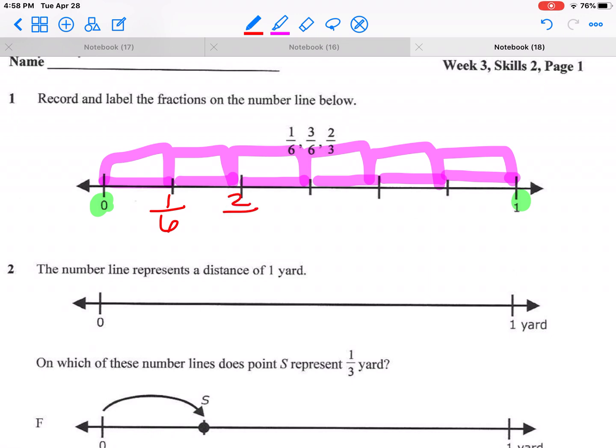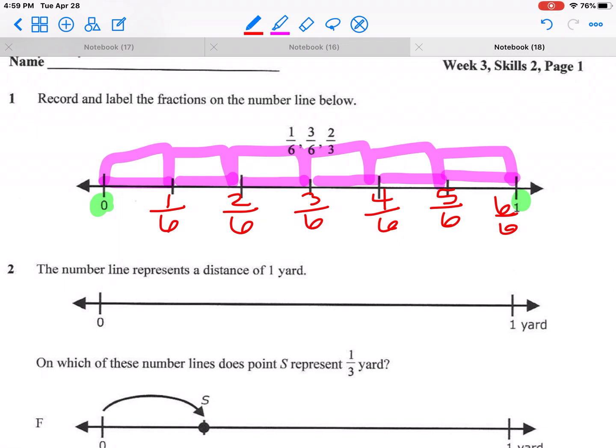There would be 2 out of 6. This would be 3 out of 6, 4 out of 6, 5 out of 6, and 6 out of 6, or 1 whole. Good.